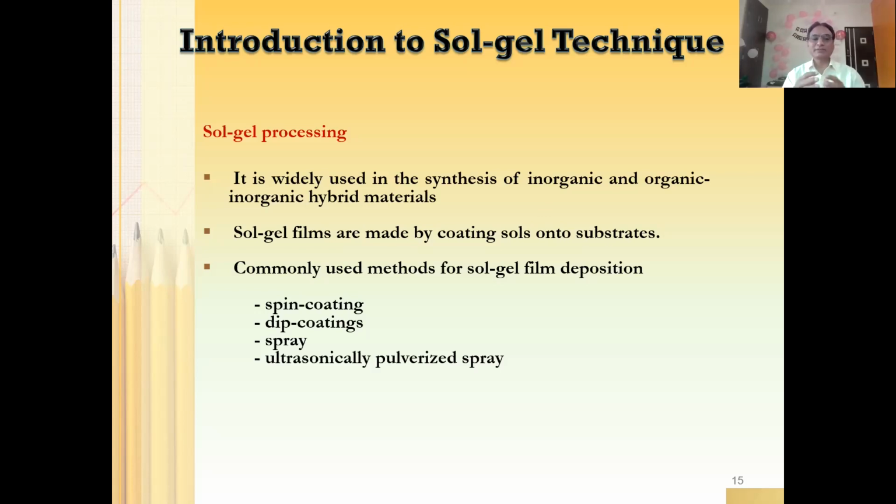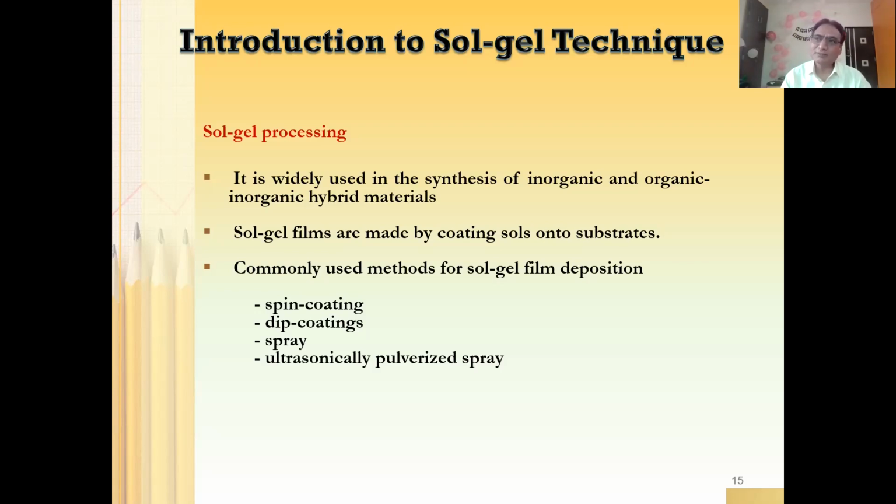It means we are going to coat the sol on any substrate. As a result, the solvent is going to evaporate. First of all, it will convert into a gel, and then when the solvent is completely evaporated, whatever residual is left behind is in the form of a film.